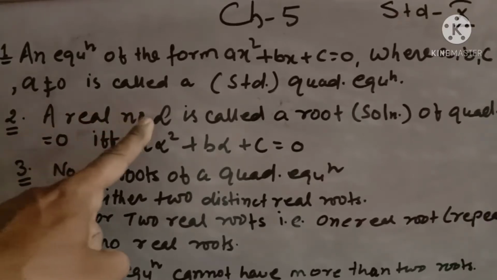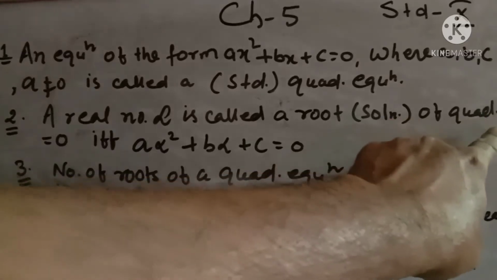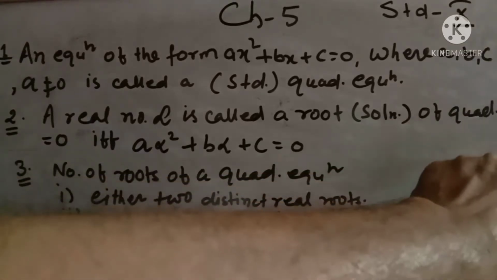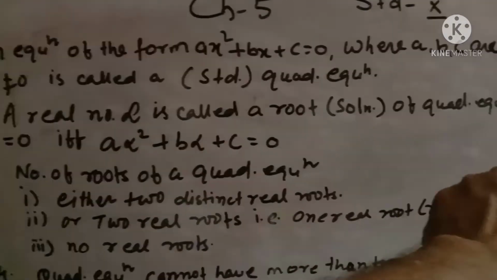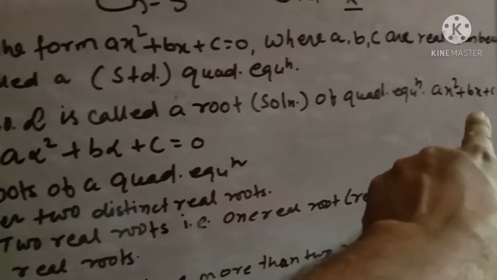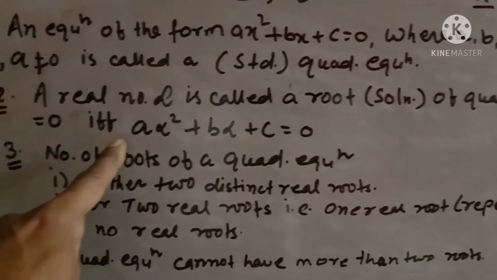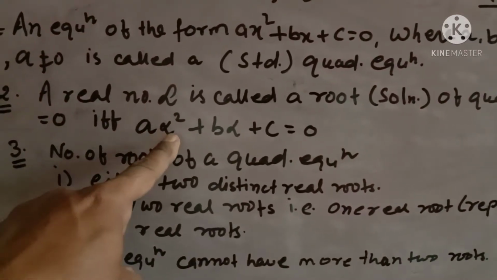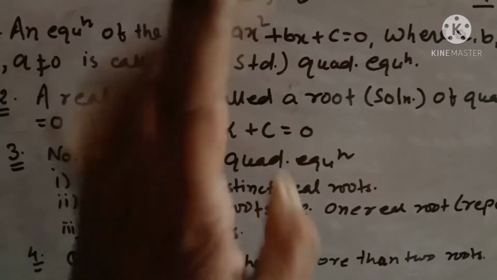A real number alpha is called a root or solution of a quadratic equation ax square plus bx plus c equal to 0 if and only if a alpha square plus b alpha plus c equal to 0.